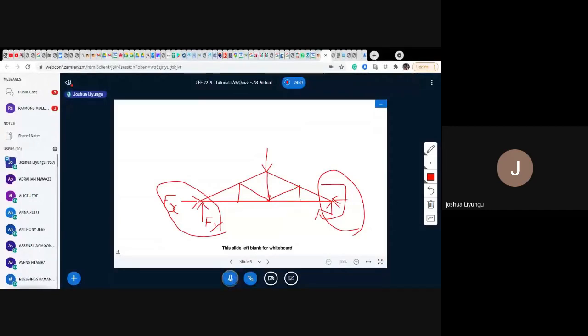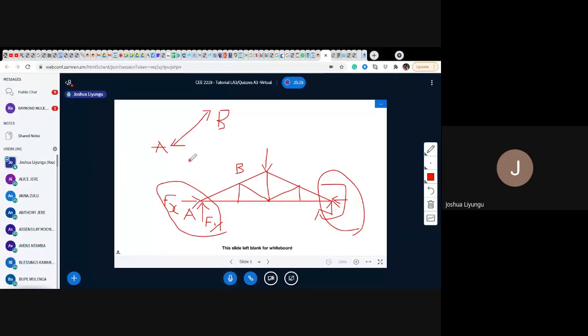And I also mentioned that a truss is a two-force member. Two-force member, meaning if this is the member AB, if this is A and that is B, this is a two-force member, meaning there is only a force parallel to its axis.